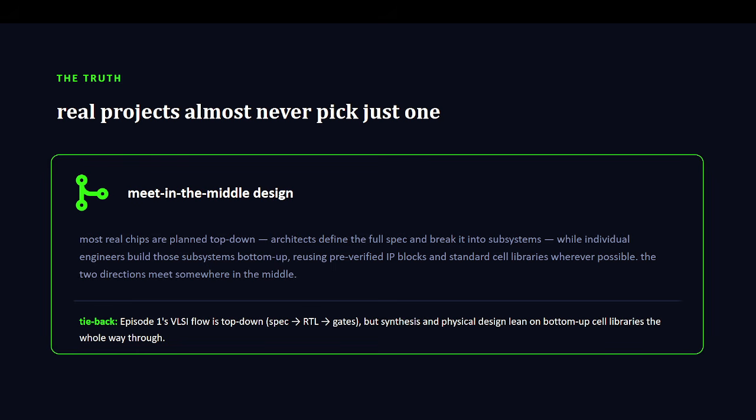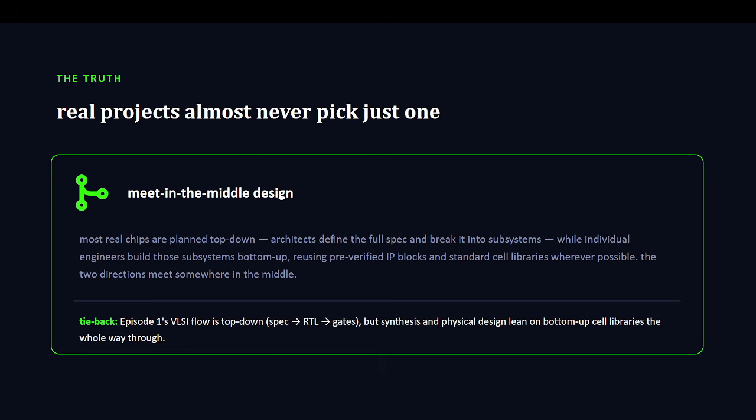Here is the honest truth nobody tells you upfront. Real projects almost never pick just one. Most real chips are planned top down at the architecture level. A senior engineer or architect defines the full spec and breaks it into subsystems exactly like we walked through.